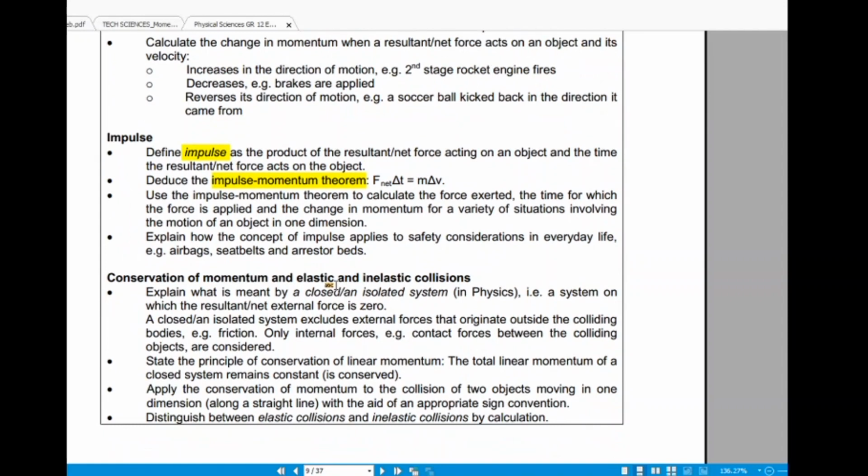Okay, and then we defined a closed system, and defined the principle of conservation of linear momentum, and then we also discussed collisions, elastic and inelastic collisions.